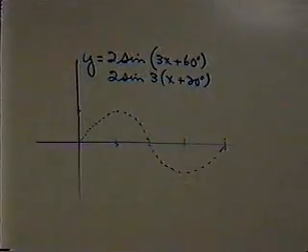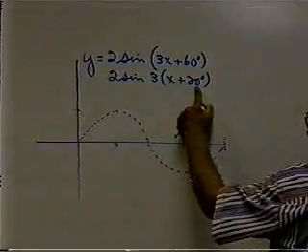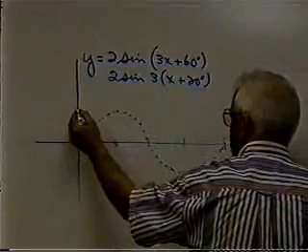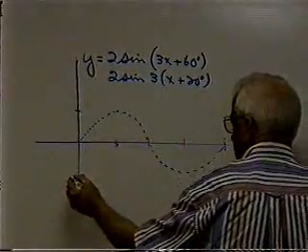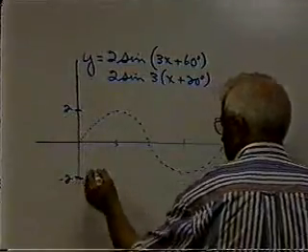That's where it should be if I didn't have this 20 degrees here. This would then be 2, and this would be minus 2. So we'll go ahead and put those in.